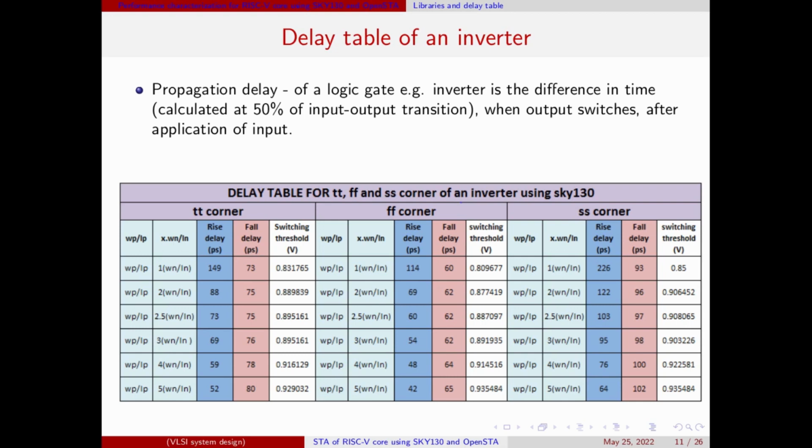For the FF corner, it shows the best delay, the SS corner shows the worst delay, and the TT corner shows the nominal delay.